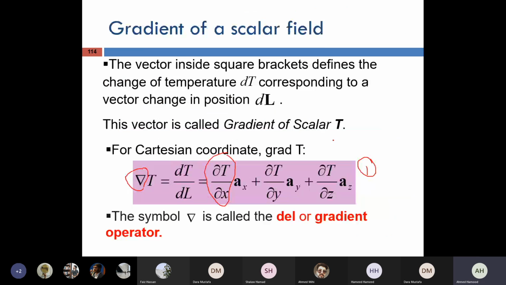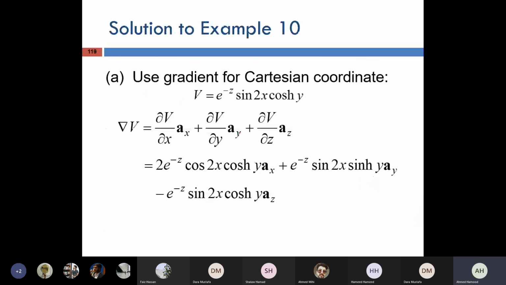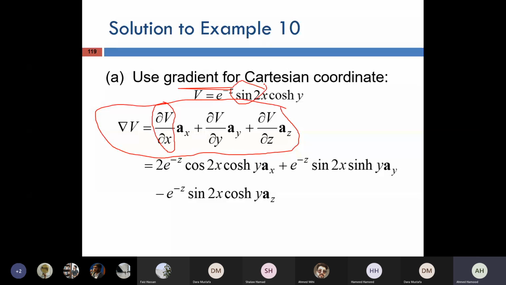Once we copy this part, you just substitute. What exactly do you have to do? Number 1, you have to differentiate based on x. Where is x? X is here. Differentiating sine 2x gives cosine 2x multiplying by 2, while the rest will be constant.